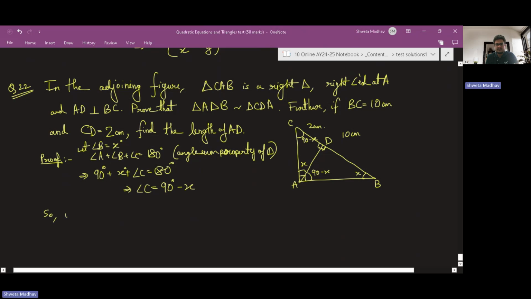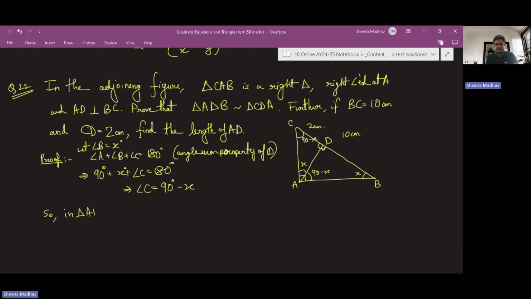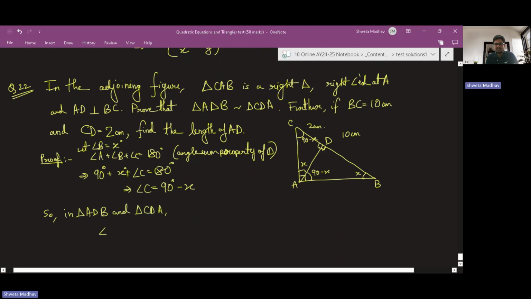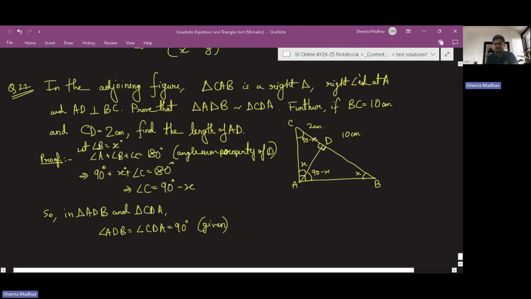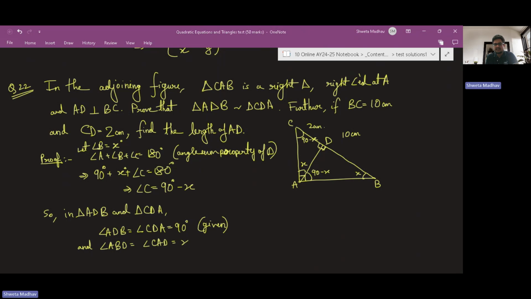So now I can say that in triangles ADB and CDA, angle ADB is equal to angle CDA, which is 90 degrees. It is given, since AD is perpendicular to BC. And also angle ABD is equal to angle CAD, since both are x degrees.